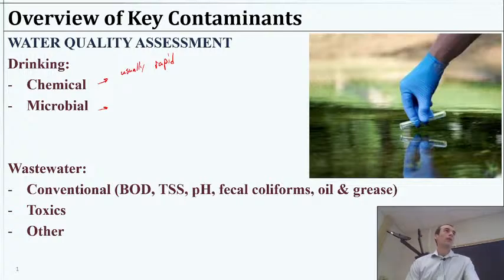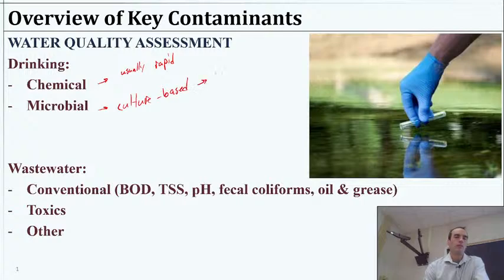The portable microbial systems are typically going to be some sort of incubation, culture-based type thing, which means that's going to take probably overnight. So 18 to 24 hours time spent from when you take the sample to when you get a result.